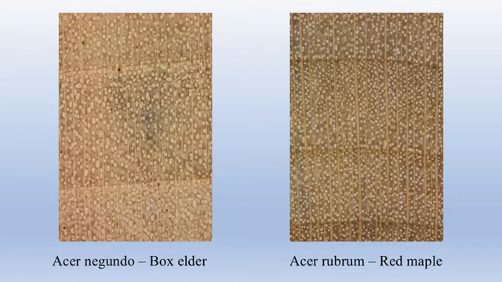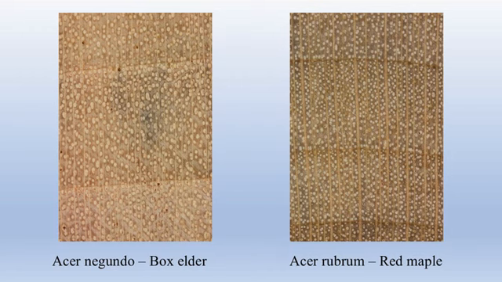Okay. Another example, Acer negundo and Acer rubrum. Acer negundo is box elder. So you notice it is a maple, the same genus. So box elder is a maple. And they're very similar. That's why you have to really get down to details.